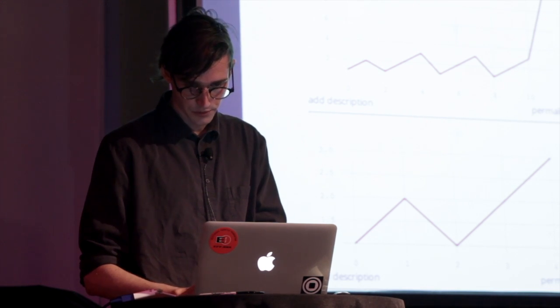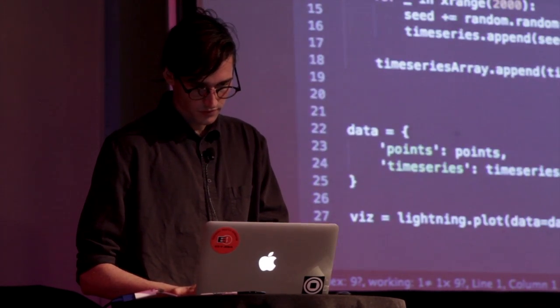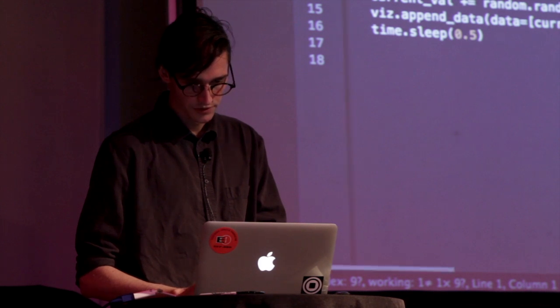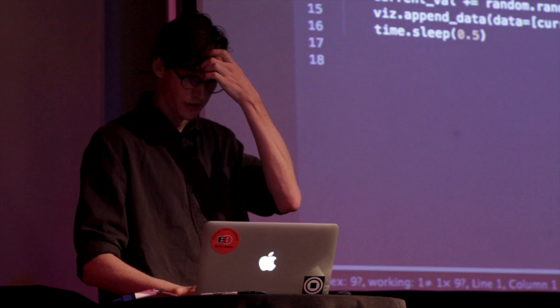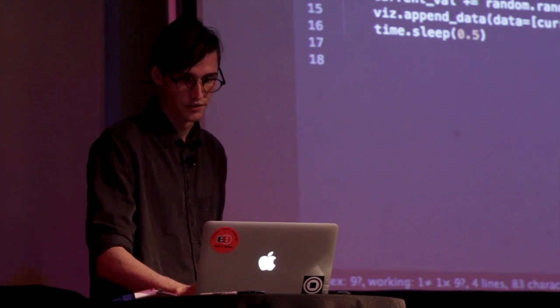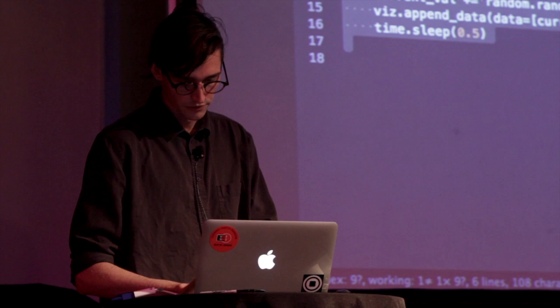So getting a little bit more into it, I have a few scripts written here. First, yeah, I'll show you. This is just a little bit more expanded on what I just did. So it creates a line plot, holds onto the reference, and then every so often it'll just add a new value randomly.